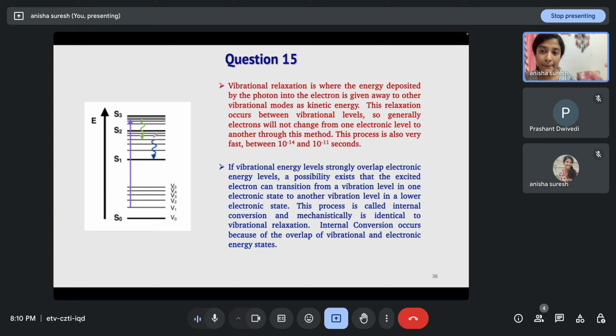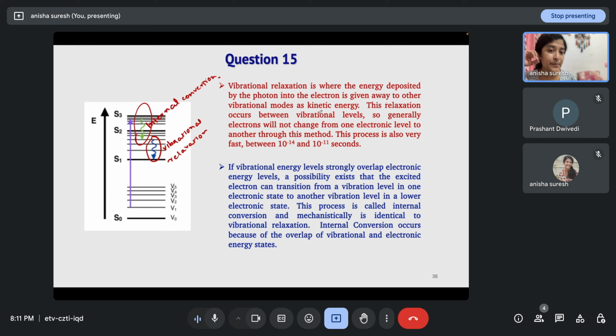So as you can see, this one is vibrational relaxation. This one, from S2 to S1, is known as internal conversion. Vibrational relaxation is where the energy deposited by the photon into the electron is given away to other vibrational modes as kinetic energy.